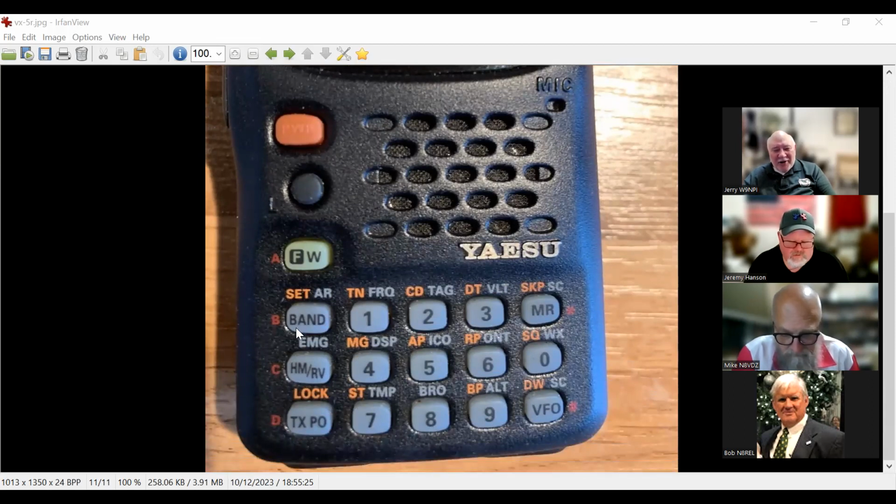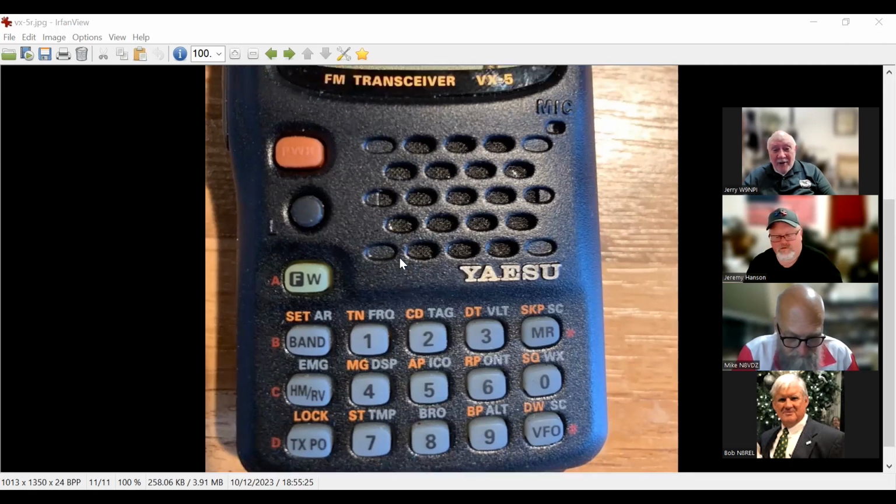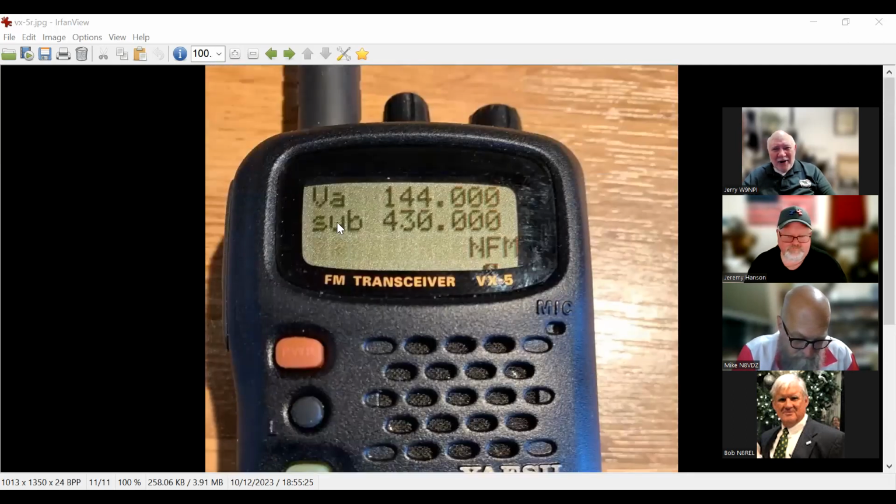Not only will it pick up these 3 ham bands, but it will also pick up FM broadcast radio, AM broadcast radio, aircraft, and AM shortwave. So if you want to listen to Voice of America or Radio Peking, or Beijing, I guess they call it now, or Radio Havana, Cuba, then this will do it for you. You should get a better antenna than this.